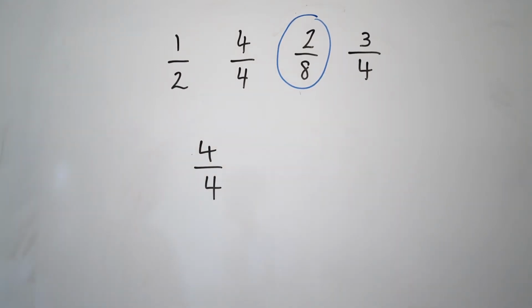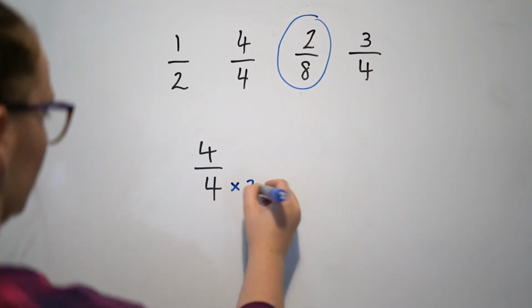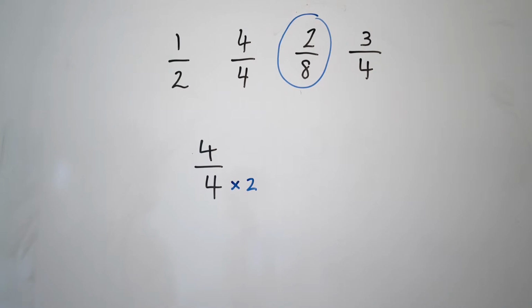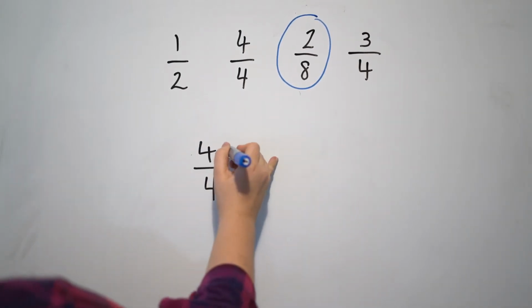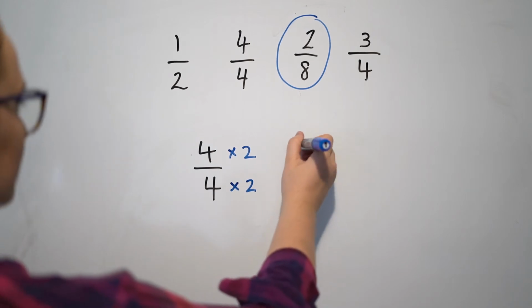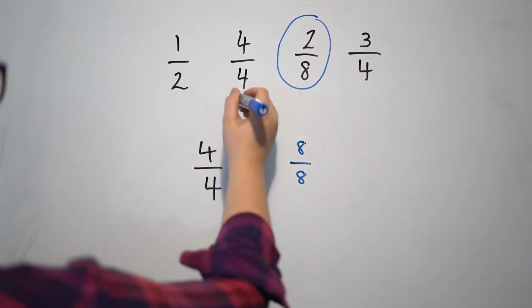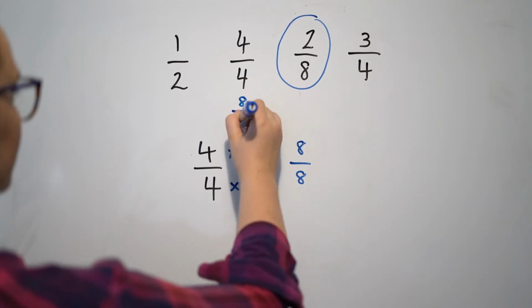How do I make 4 into 8? Or, what times 4 equals 8? Well, I know that 4 times 2 equals 8. This will give us a denominator of 8. But what I do to the denominator, I always have to do to the numerator. 4 times 2 is 8. So our new fraction is 8 eighths.